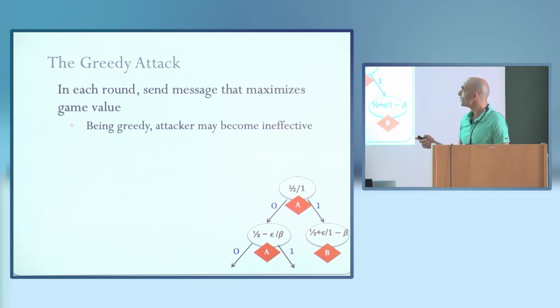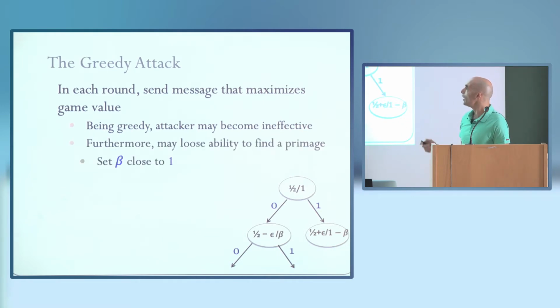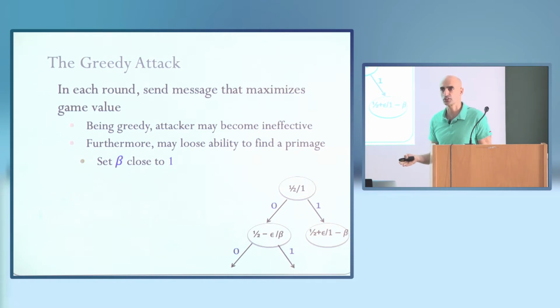Furthermore, even if this is not the case, say beta is really large, it's almost 1. So even in the honest execution, you ever go here with very, very small probability. So once you got here, you don't know if you can invert the function anymore.